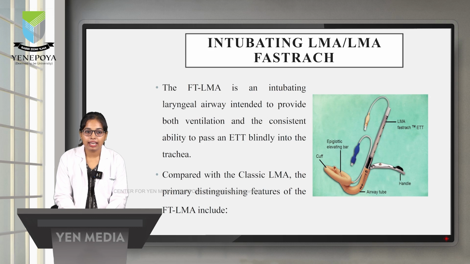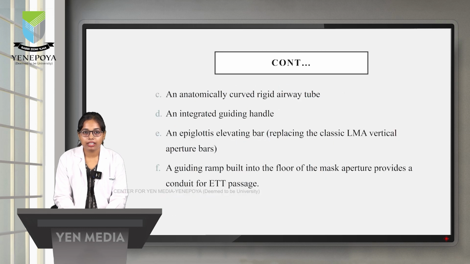Compared to the classic LMA, the primary distinguishing features of the fast track LMA include an anatomically curved rigid airway tube, an integrated guiding handle, an epiglottis elevating bar that replaces the classic LMA vertical aperture bars, and a guiding ramp built into the floor of the mask aperture, providing a conduit for the endotracheal tube passage.